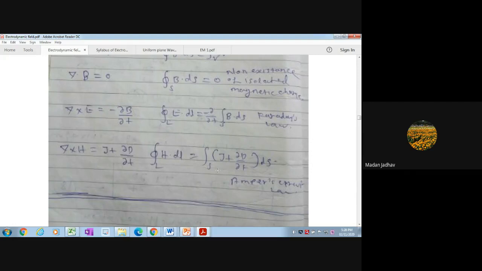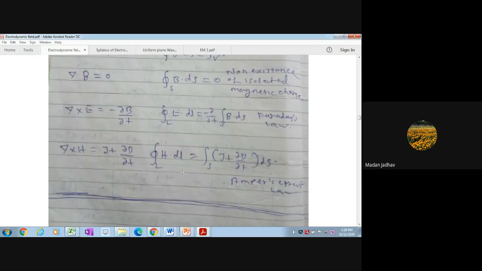Now suppose you consider a conductor through which a current is flowing, and you take a closed loop around that conductor and take the closed line integration along that loop.